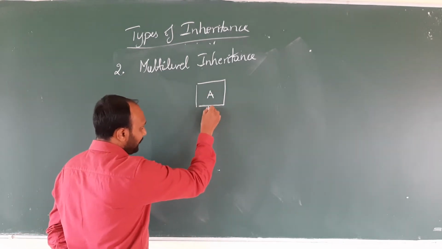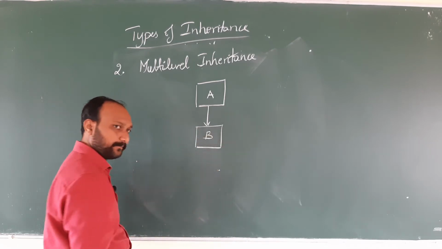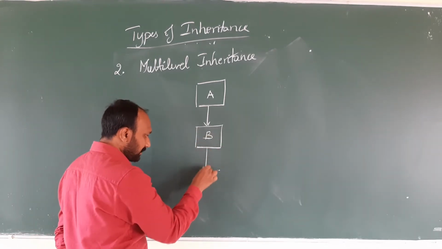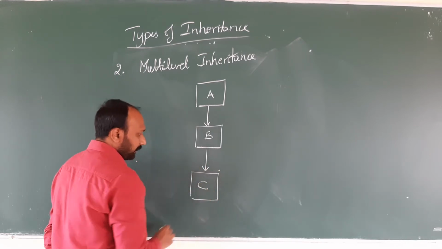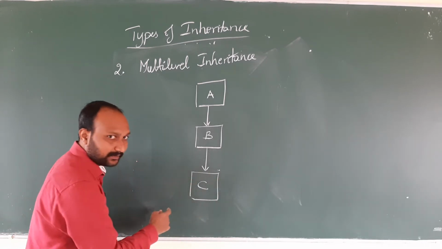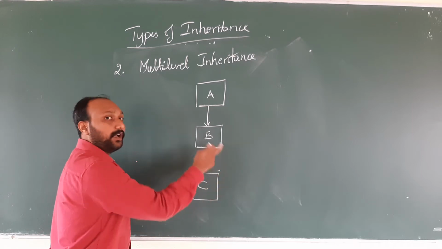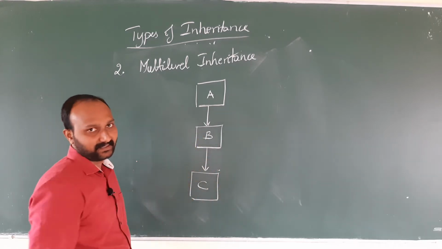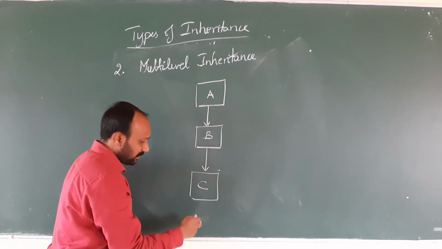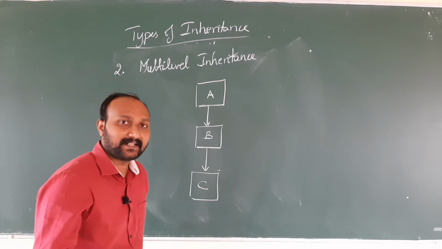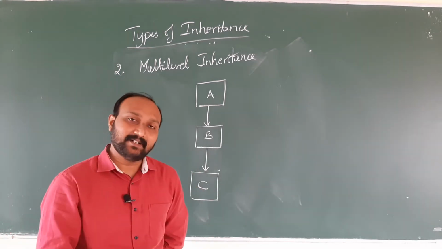From the base class A, first I will be deriving a class B. From the derived class, if I derive one more class, then how is the new class derived? It is derived from an already existing derived class. Nothing but there are not single level, there are multiple levels, and it can further continue to any number of levels. So this type of inheritance is referred to as multi-level inheritance.